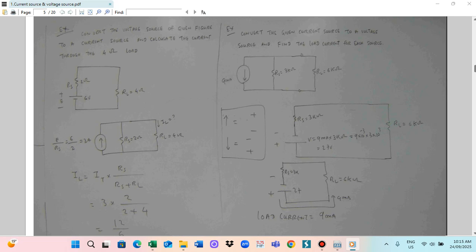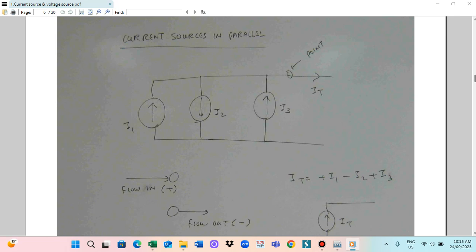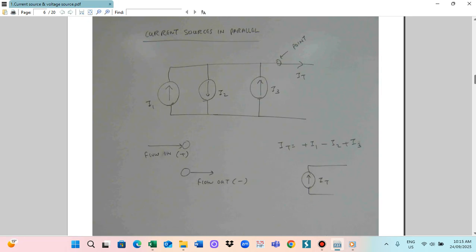Current sources in parallel means that sometimes our currents are going like this. This is the current I1, going in this direction. This is I2, going in this direction, and I3 going in this direction. So they are combined at that point here. So where do we find I2?